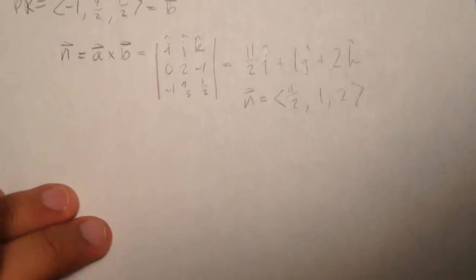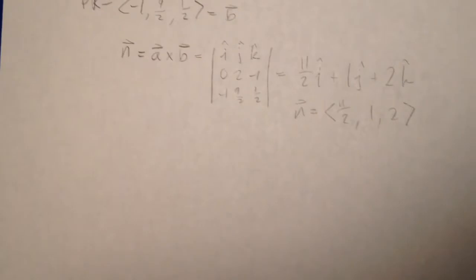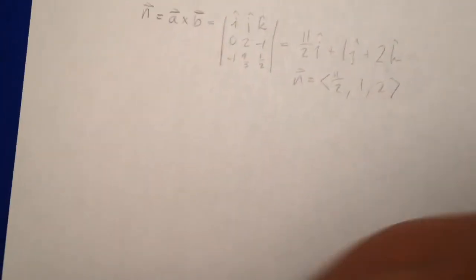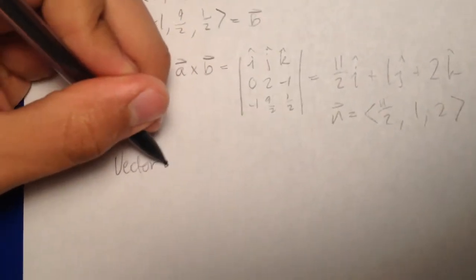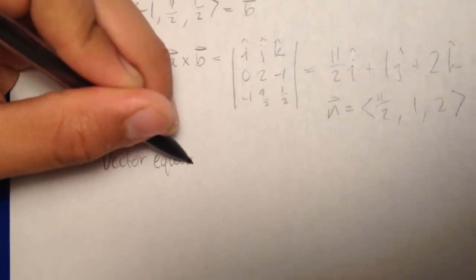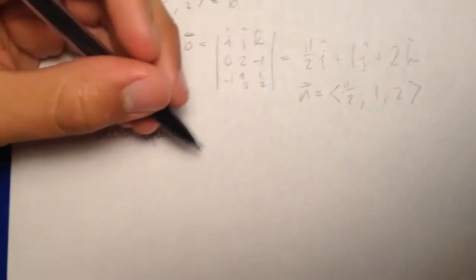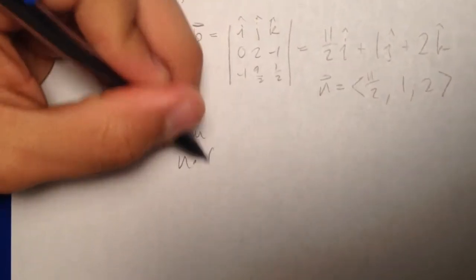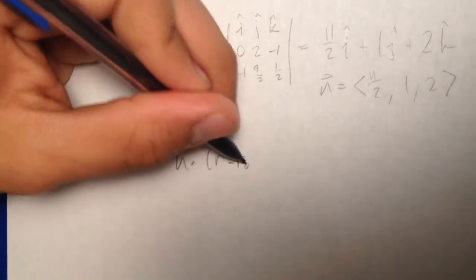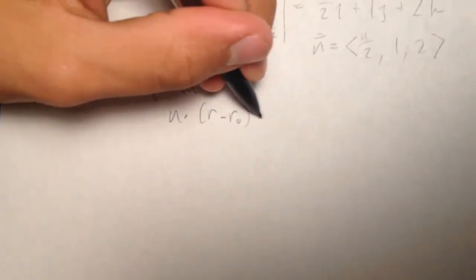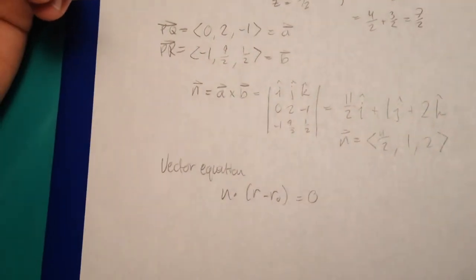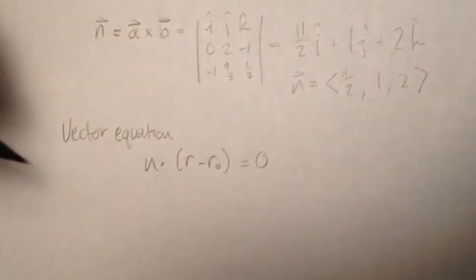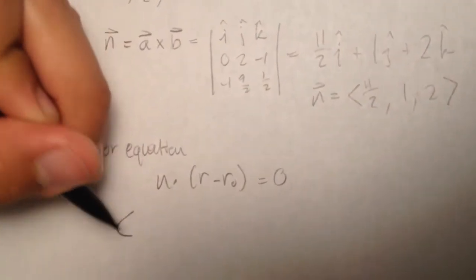Right? And now to find the equation of a plane, well, the vector equation is this: N dot (R minus R naught) is equal to 0. So now we plug in all the values that we know.